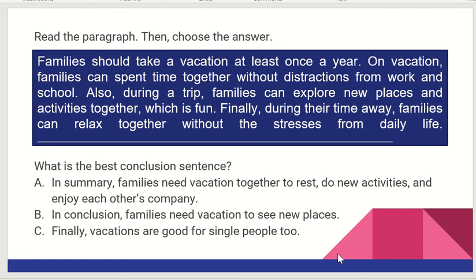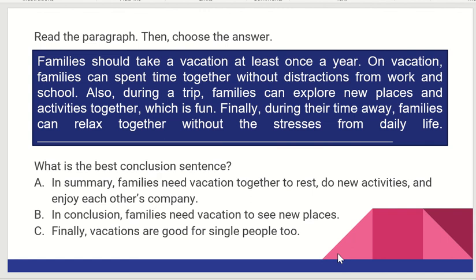During their time away, families can relax together without the stresses of daily life. What is the best concluding sentence? Okay, the answer is A. In summary, families need vacations together to rest, do new activities, and enjoy each other's company.